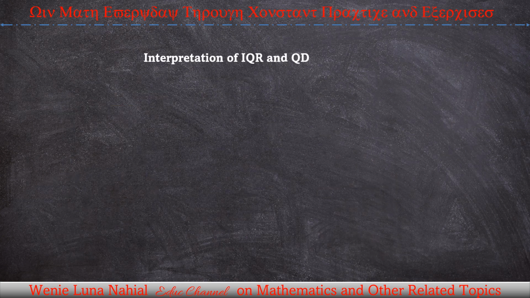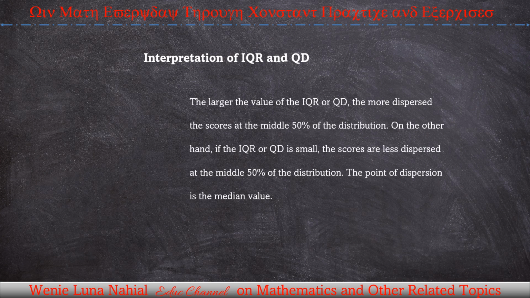Okay, let's now come to the interpretation of interquartile range and quartile deviation. The larger the value of the interquartile range or the quartile deviation, the more dispersed the scores at the middle 50% of the distribution.